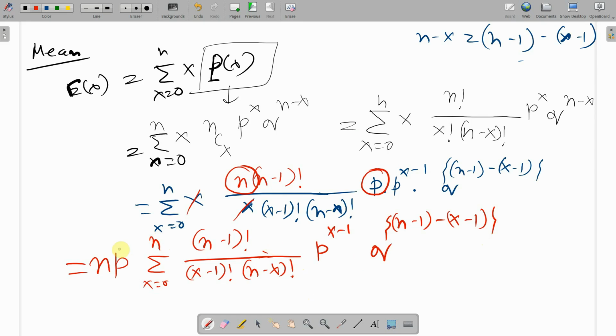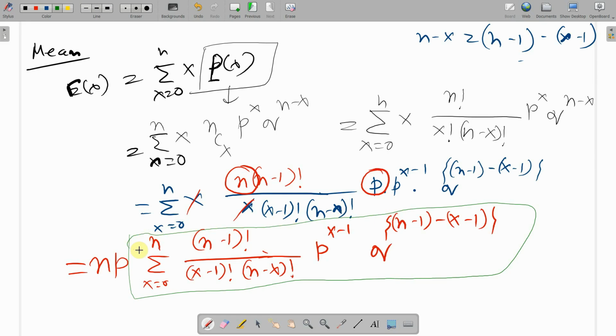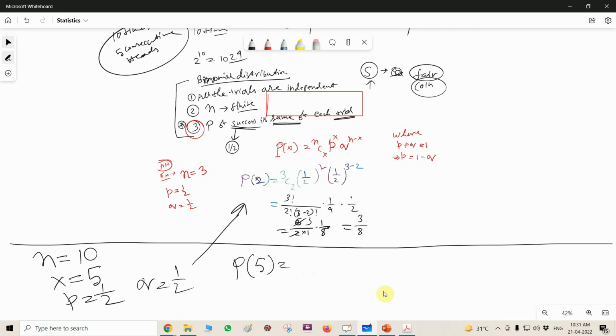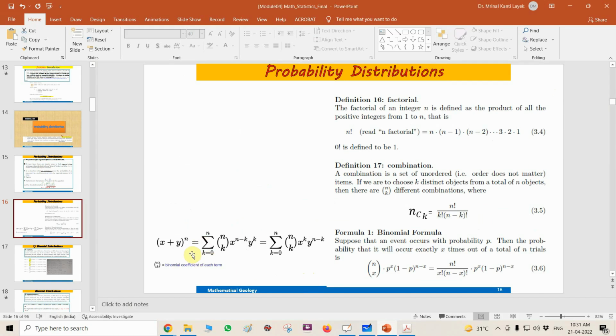अभी जो मैं ये टर्म लिखा हूँ, this term actually, इसको मैं सिंप्लीफाई कैसे करूँ, इसका मतलब क्या है, from your binomial distribution, इसका मतलब क्या है. इसको देखो, at first try to write this down, x plus y to the power n equals to nCk.